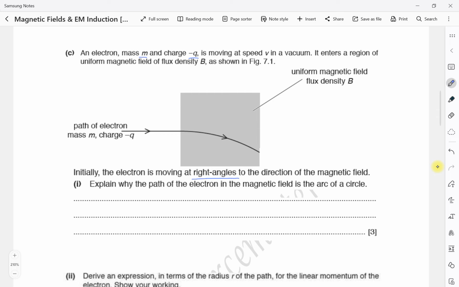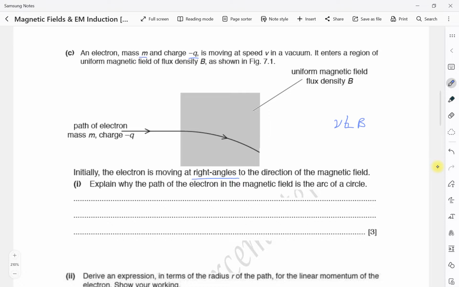So when it enters the magnetic field, the field exerts a force because it was initially moving at right angles. When the velocity is perpendicular to the magnetic field, the particle experiences a magnetic force.